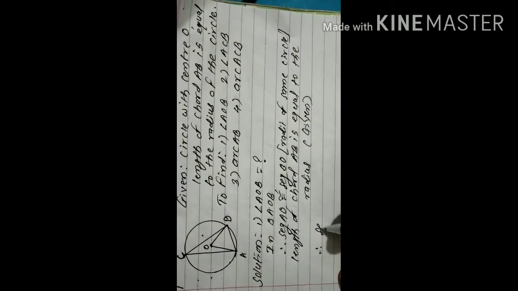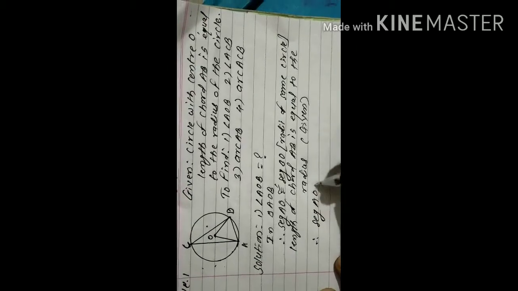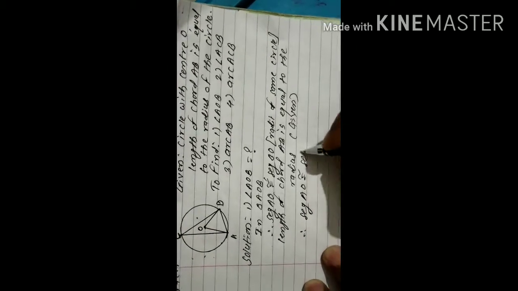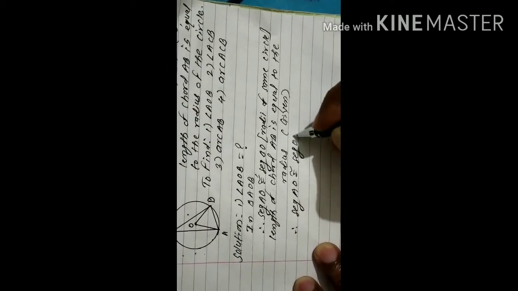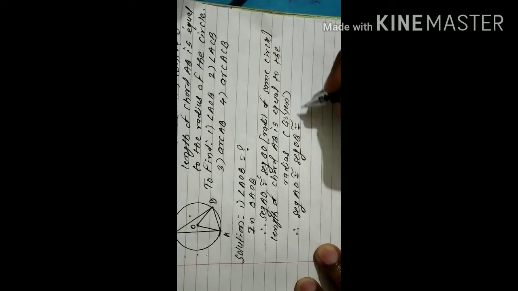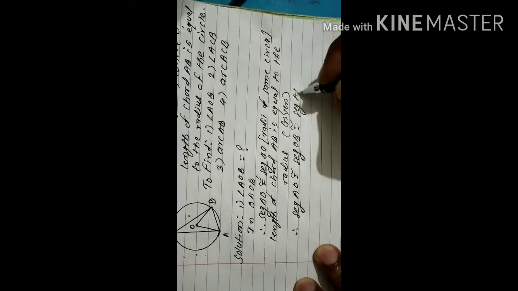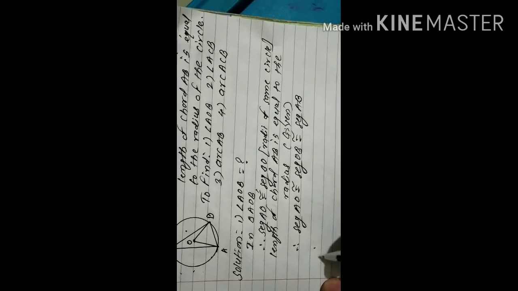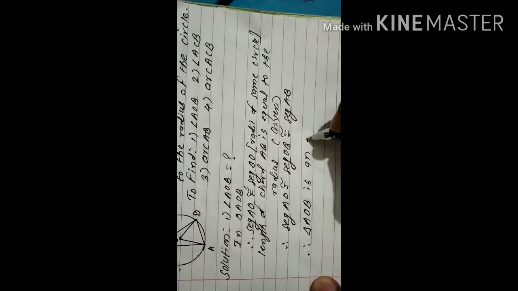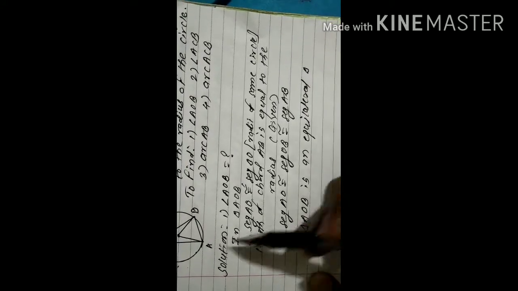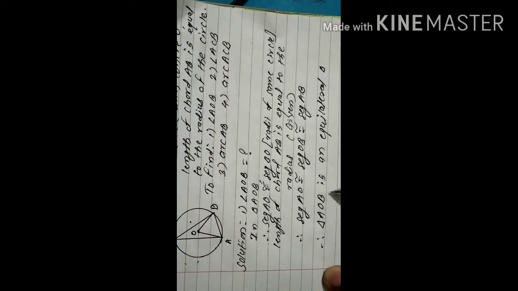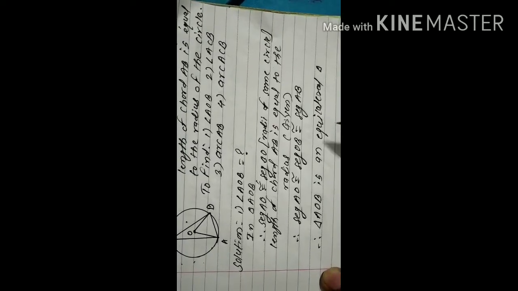Therefore, segment AO congruent to segment OB congruent to segment AB. Therefore, triangle AOB is an equilateral triangle. All sides are equal, therefore it is an equilateral triangle.